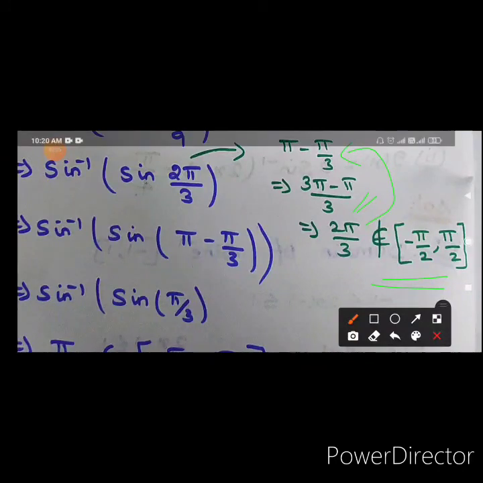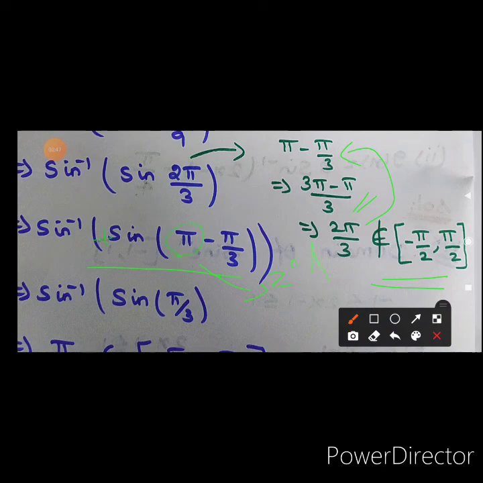So we change 2 pi by 3 into standard form, pi minus pi by 3. So sine inverse of sine of pi minus pi by 3. This is second quadrant. Second quadrant means sine positive.